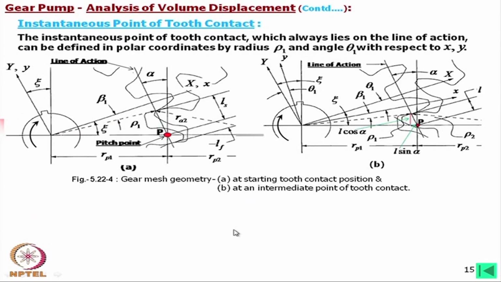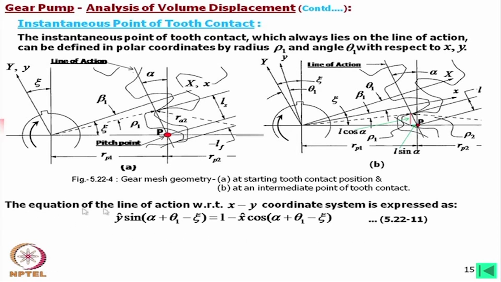So, the instantaneous point of tooth contact, which always lies on the line of action, can be defined in polar coordinates by radius rho 1 and theta 1 with respect to x and y.